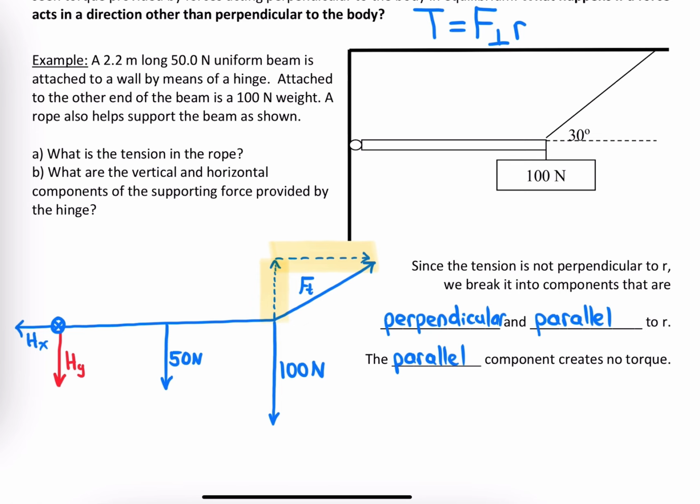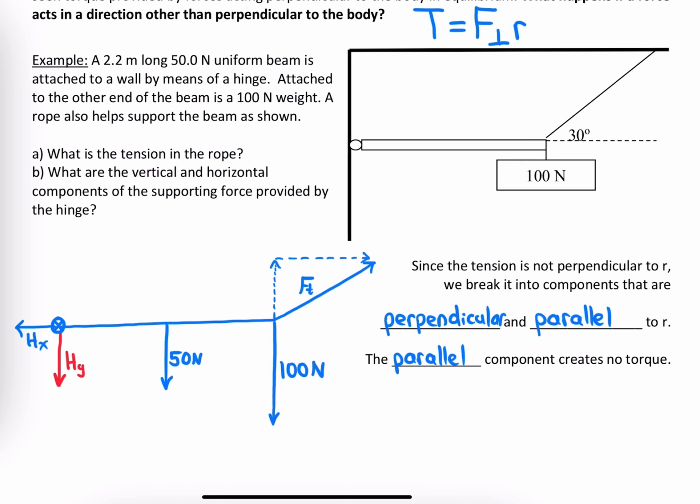In this situation, yes, it ended up being a Y component and an X component, but only because the Y direction was perpendicular to the distance from the pivot. That's the thing we need to have. We need this component to be perpendicular to the distance from the pivot. If that happens to make it in the Y direction or the X direction, that's fine, but we don't need them to be X and Y. We need them to be perpendicular and parallel to R, the distance from the pivot.